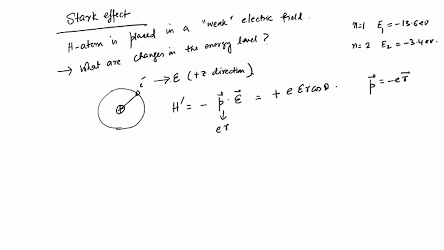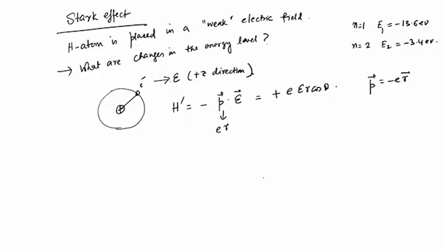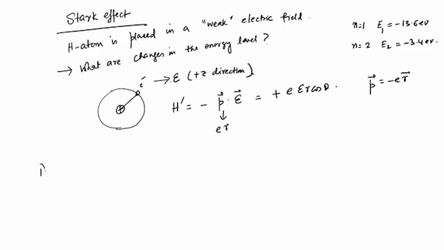We have to calculate what happens because of this perturbation, which is a product of the electronic charge small e and the electric field, curly E, and then the radial variable r multiplied by the cosine of this angle. Okay.